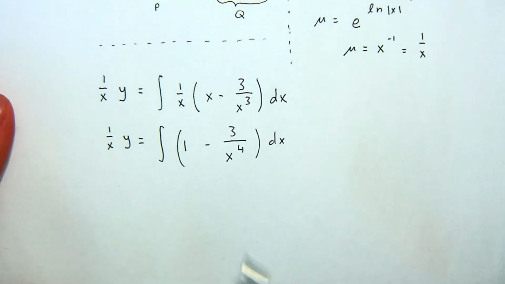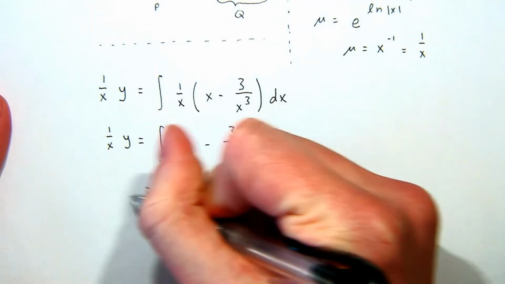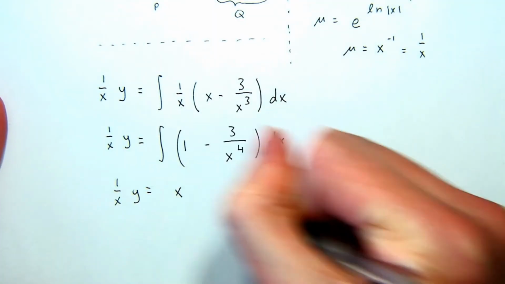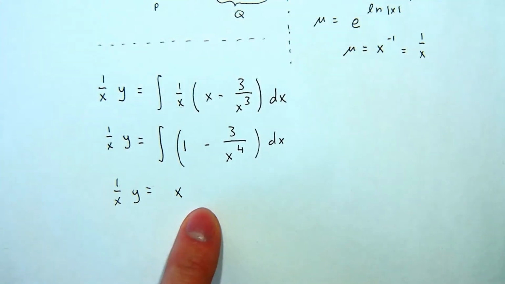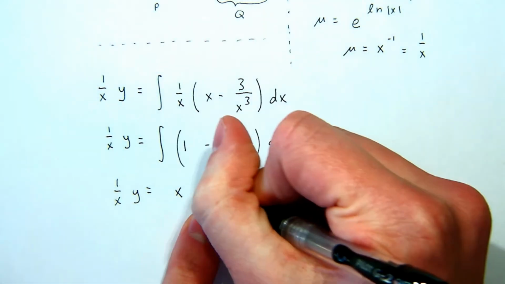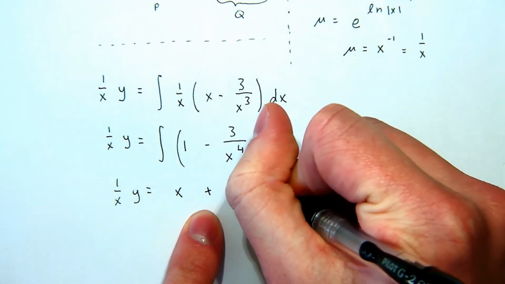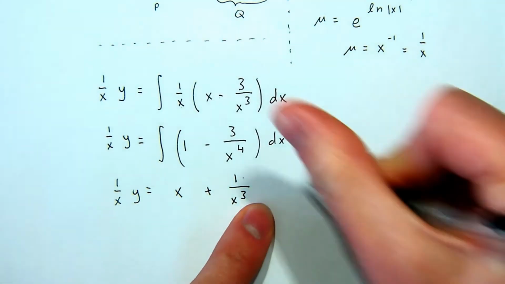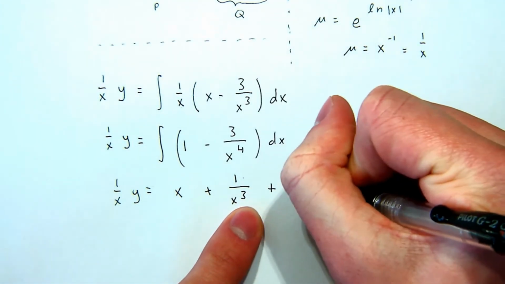Okay, so now we can integrate these individually. The integral of 1 is x, and the integral of 3 divided by x to the 4th will be plus 1 over x cubed. And then we still need to add on the integration constant c.